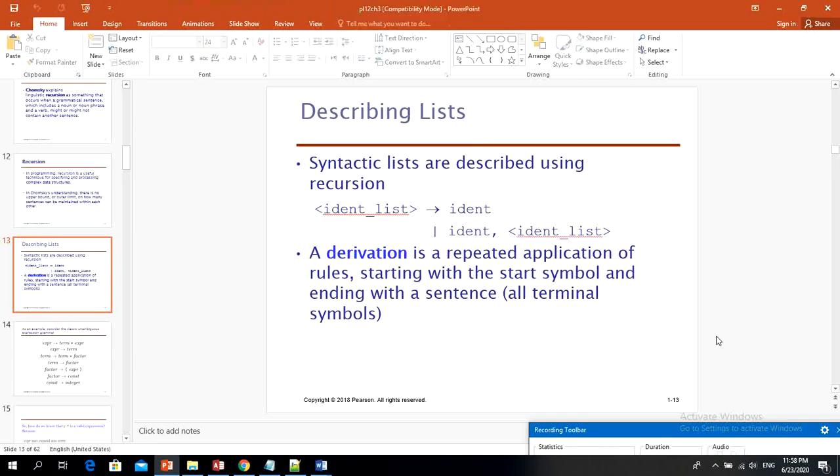And this is called a derivation. Derivation simply is a repeated application of rules starting with the start symbol and ending with a sentence. This sentence could be the last output or the result of this derivation.